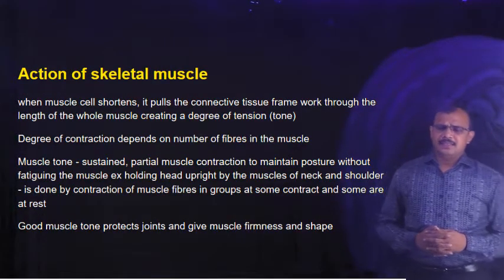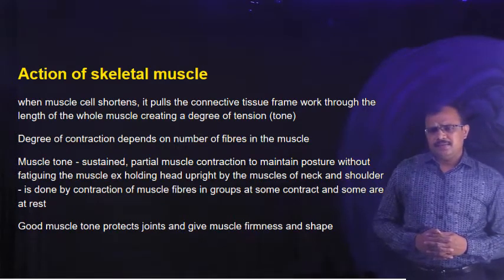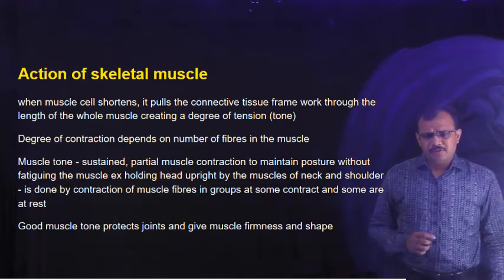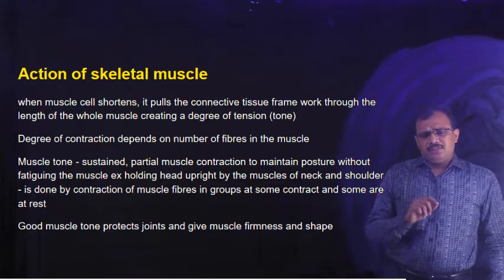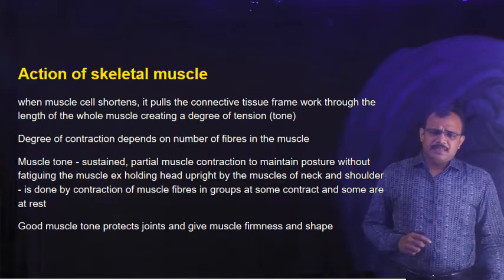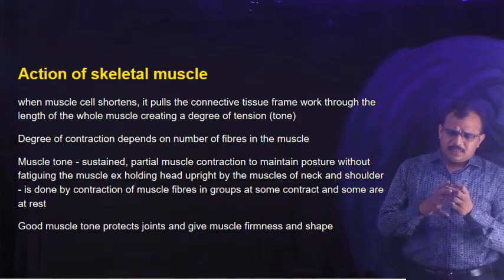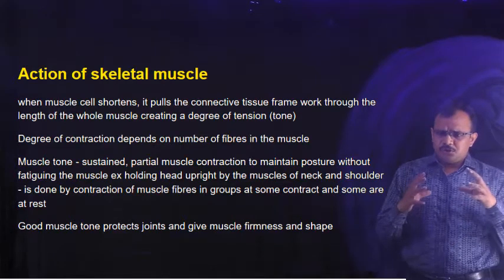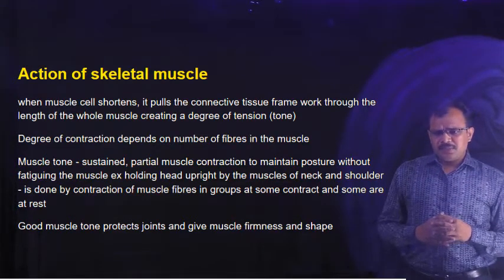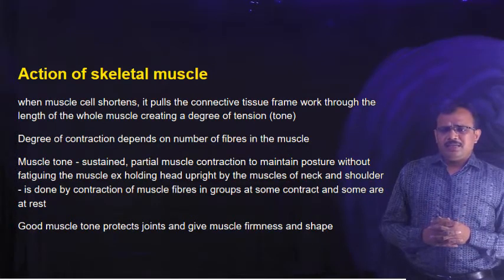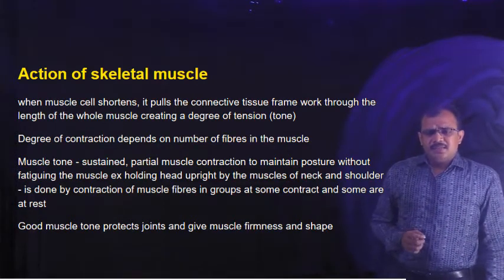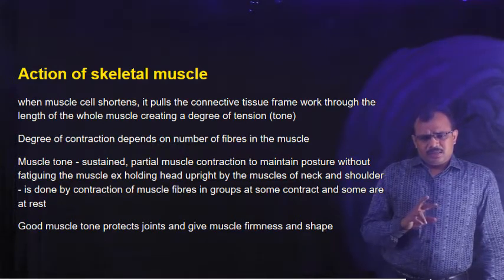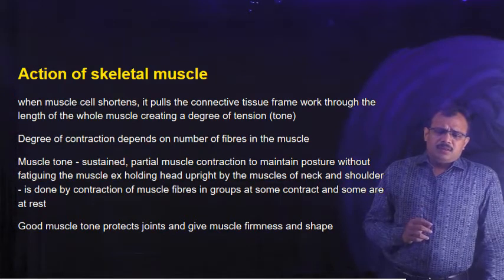Now let's see the action of skeletal muscles. We have seen that skeletal muscle cells are necessary for contraction of skeletal muscles, and this is the main function of skeletal muscle. Generally, the nerve supplied to the skeletal muscle leads to contraction of that muscle, which leads to shortening of the muscle, and this increases the tone of the muscle.